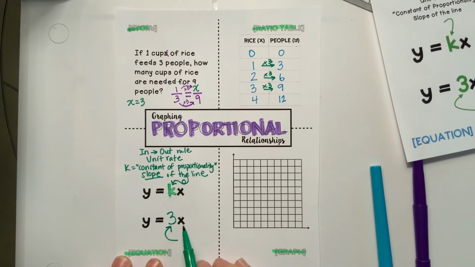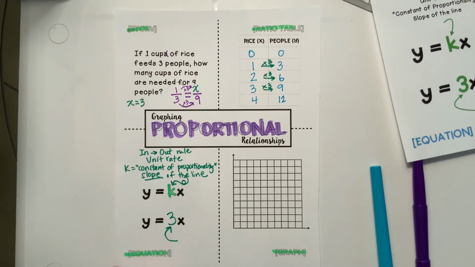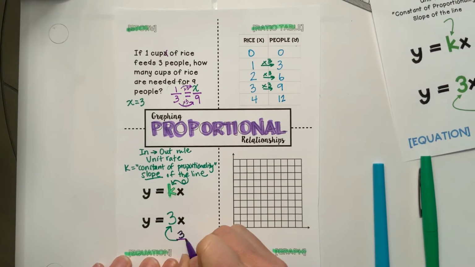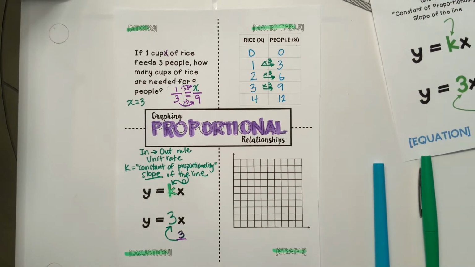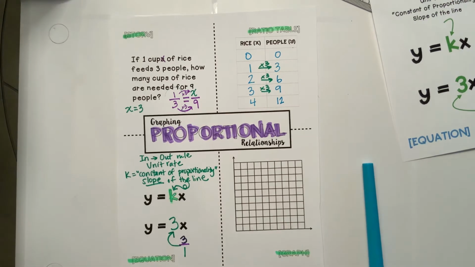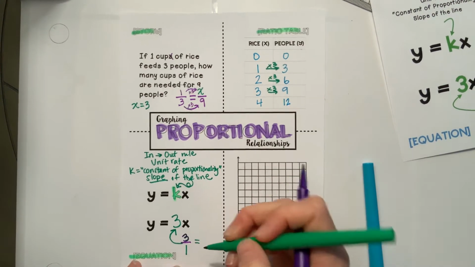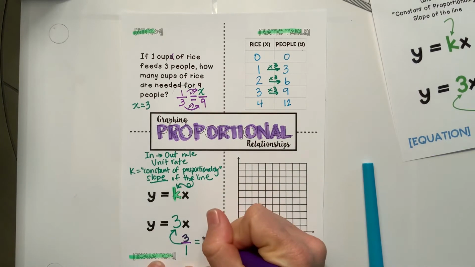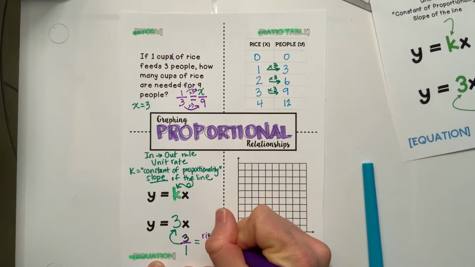So you're multiplying x times 3, which we know is going to be the same as 3 over 1. Actually, I'm going to use some different colors here because this is kind of important. Okay, and this 3 over 1 is going to be the slope of the line, and here's a new term.